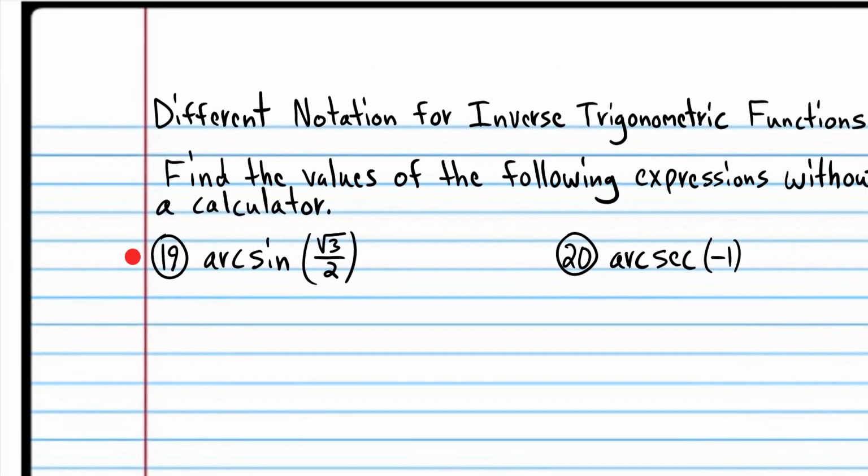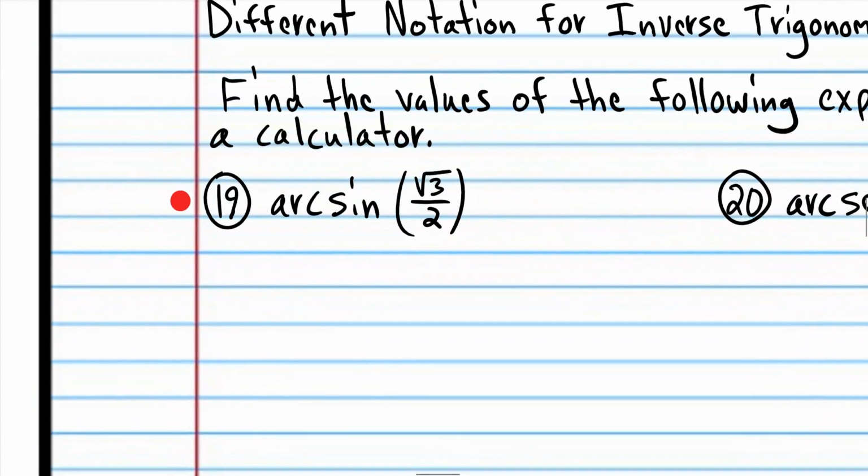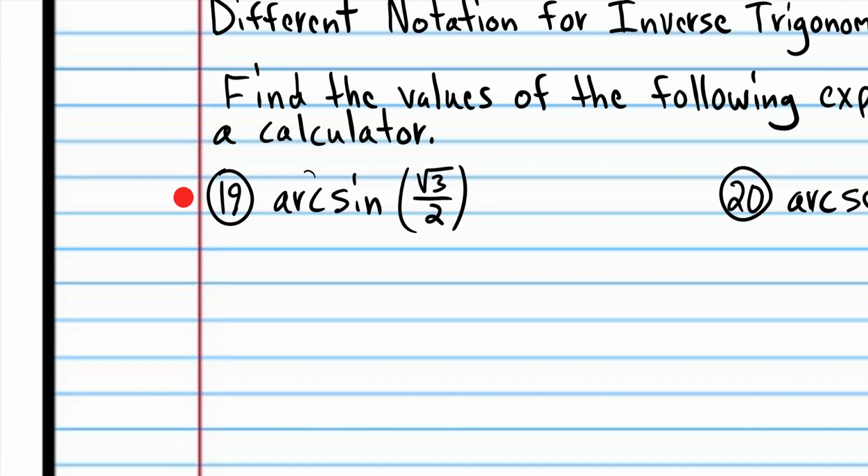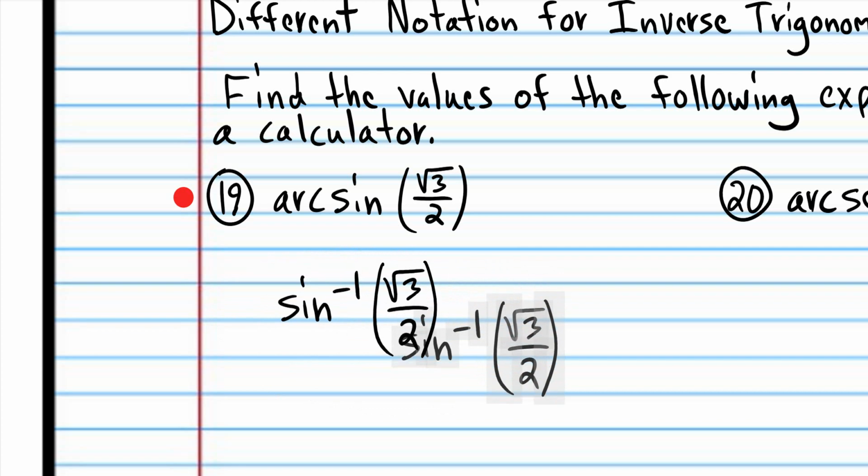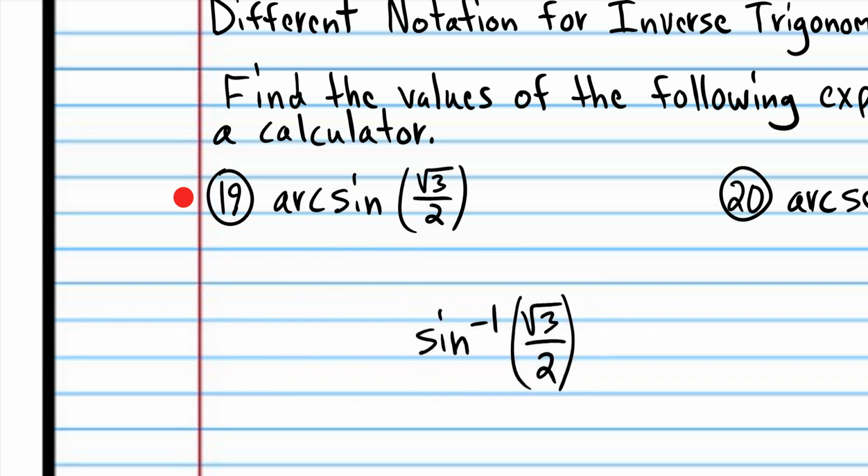Instead of sine inverse with a -1 symbol, we have what's called arc sine. It means the exact same thing. So that is the exact same thing as this. So I'm actually going to write that down just so you understand very clearly that those are equal. They mean the exact same thing.